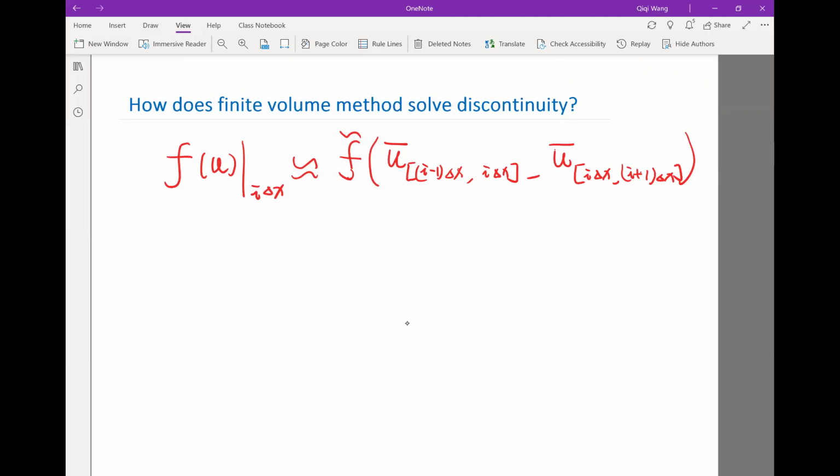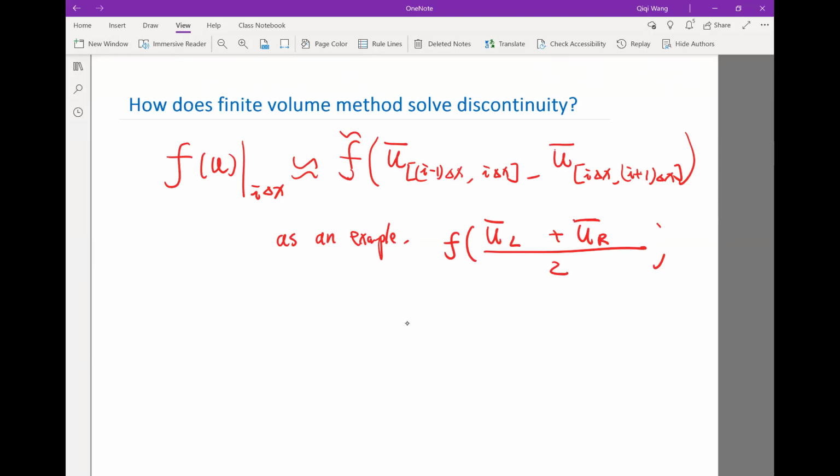So if we know how to approximate this, as an example, I can approximate it if I just take f of the average of u bar left plus u bar right, because I usually know what f is, right?